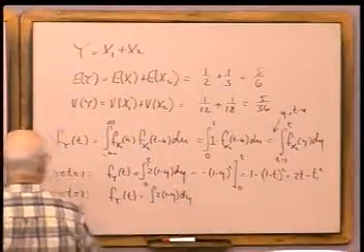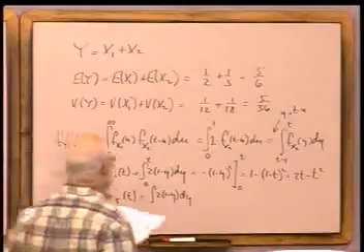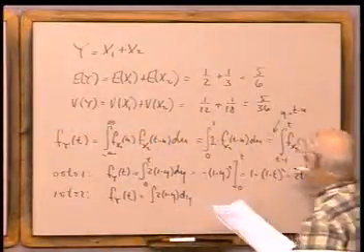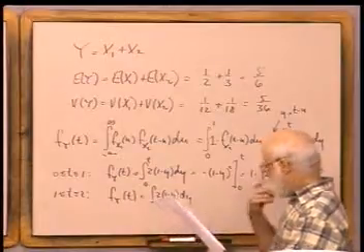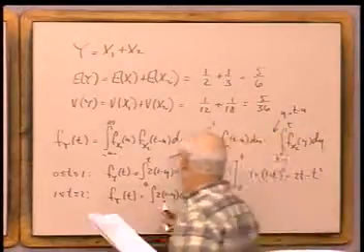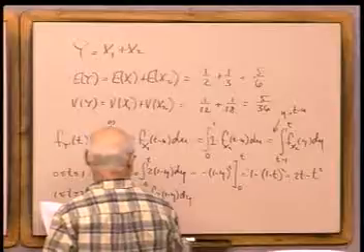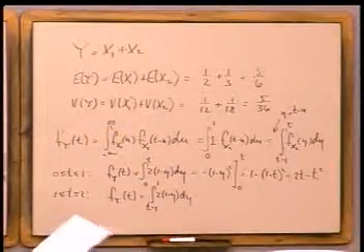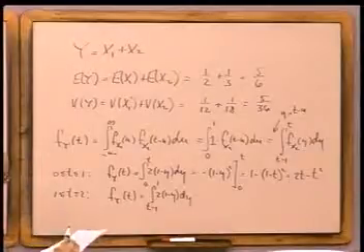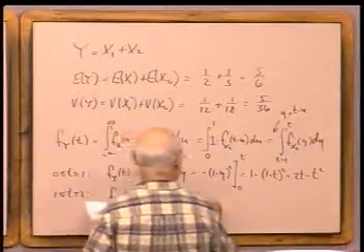But now, since t lies between 1 and 2, the only place where this function is not 0 is between t minus 1 and 1. Again, it's exactly the same as what was done in the previous problem. So the limits change, but the integrand remains the same. And that gives me, of course, the same thing to evaluate.